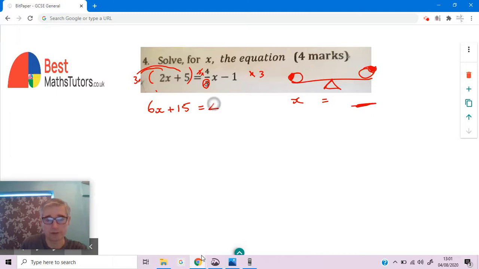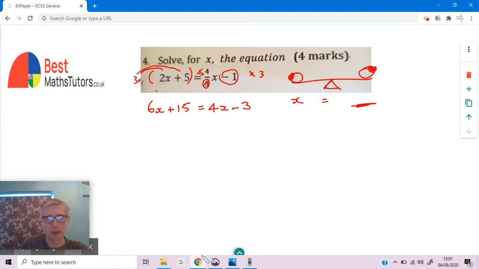So that's just going to leave me with 4x. But I can't forget, and this is a common mistake, to not multiply this -1 as well. I've got to multiply that. And so that would give me -3. So now it's looking a bit nicer because I've got rid of the fraction.